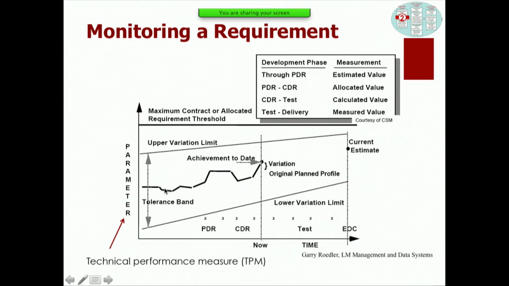And then you move through time, and as the design gets more detailed, usually it gets heavier, you add more things, and you monitor that. And then you have your final current estimate of where you will be at the end of the project. And as you do that, your limits, your reserves, your margins, and here there's an upper and lower margin shown, are going to be narrowing down.